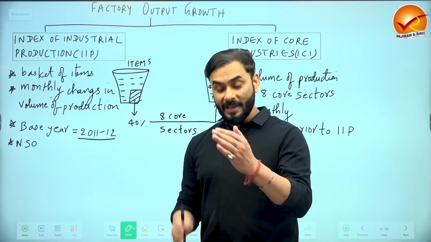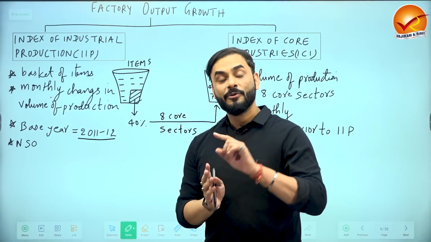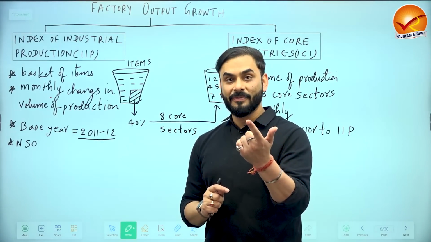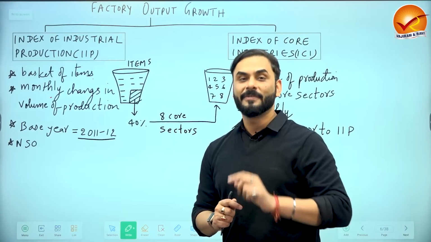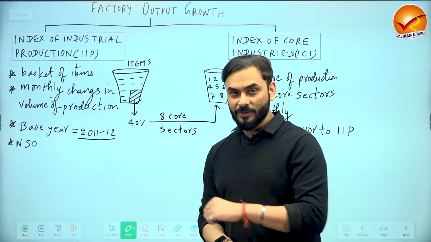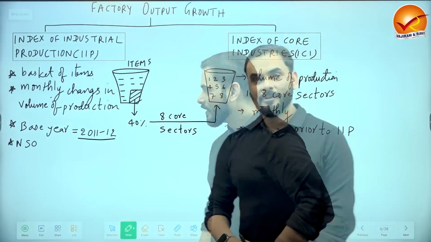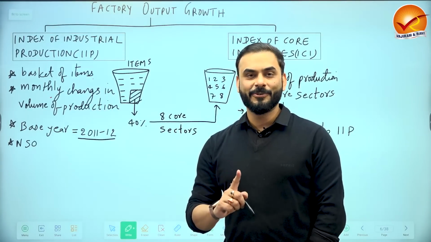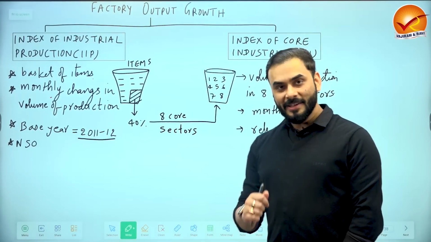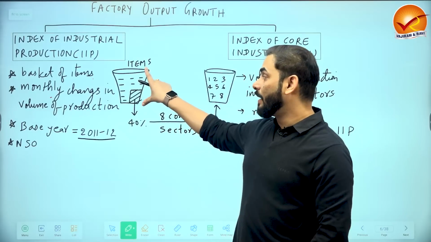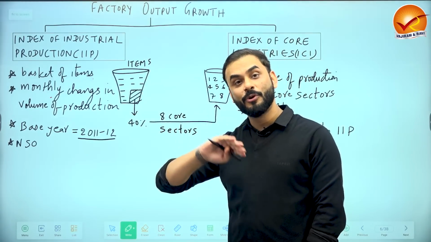But if you are comparing today's industrial performance with last year's industrial performance, then last year becomes the base year. But generally we take base year to be 2011-12 for IIP. So who releases the data related to IIP? NSO.